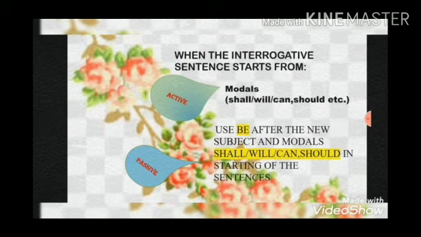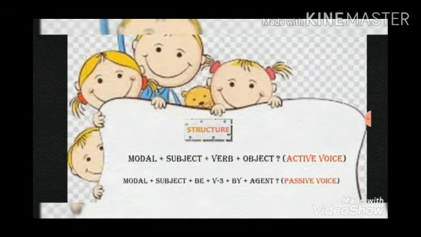The next one, when the interrogative sentence starts with the modal verbs shall, will, can, should, etc. In passive voice, we need to use be after the subject, and modals shall, will, can or should at the start of the sentence. Here the structure is modal plus subject plus verb plus object in active voice.